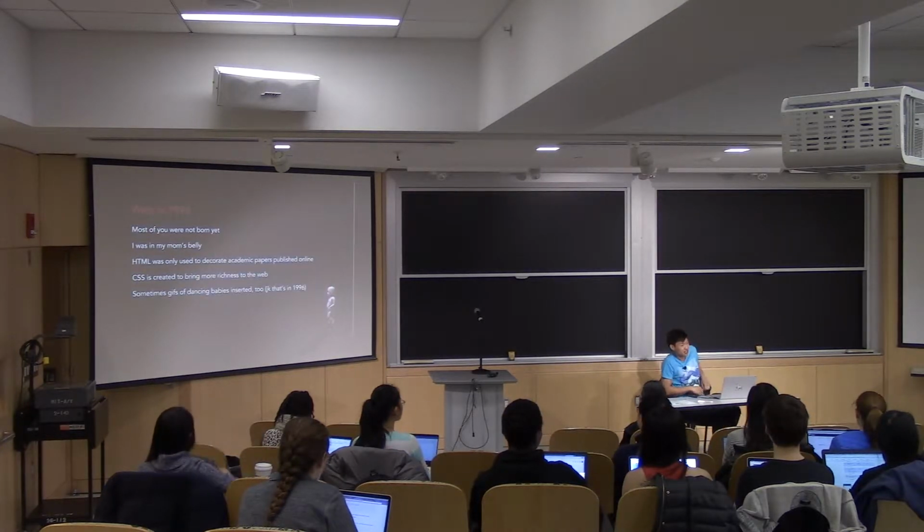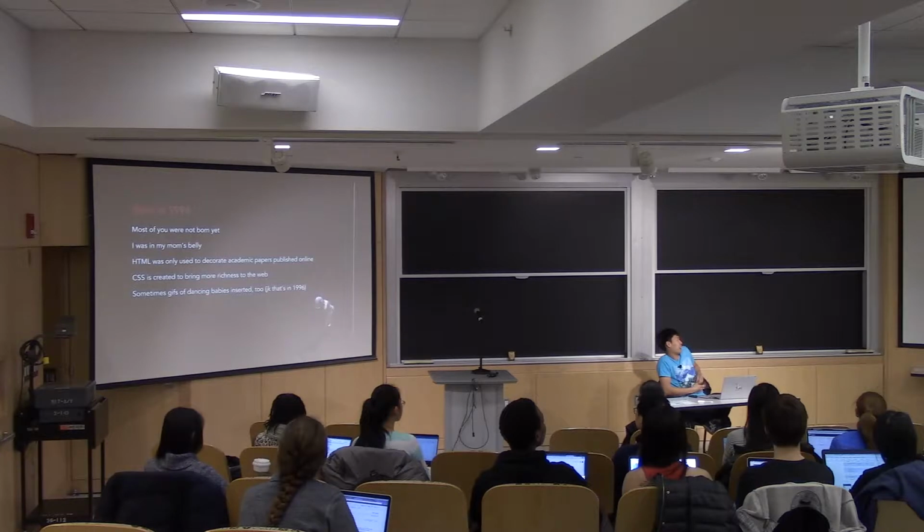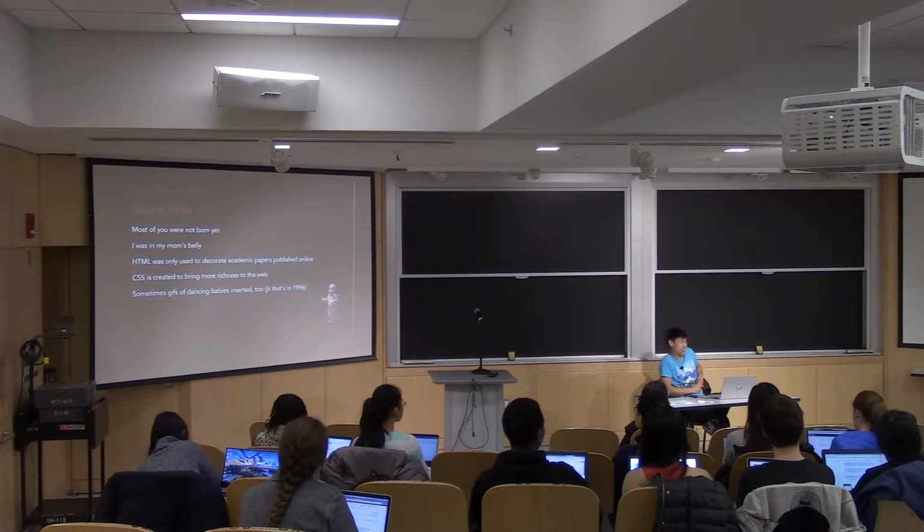So let's look at CSS in 1994. That's when CSS was created. Most of you were not even born yet. I was almost born. So HTML was mostly used to publish academic papers from universities. And CSS was just created in 1994 just to make text bigger, colors different. And in 1996, they actually introduced GIFs.